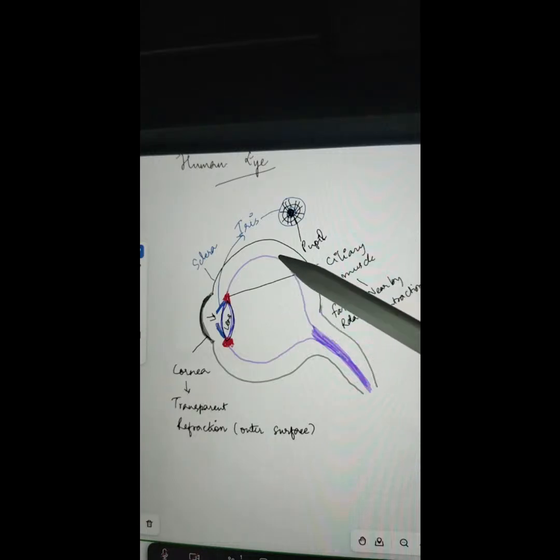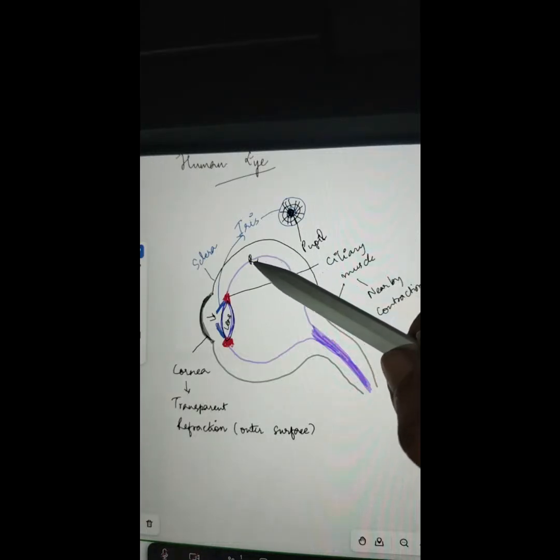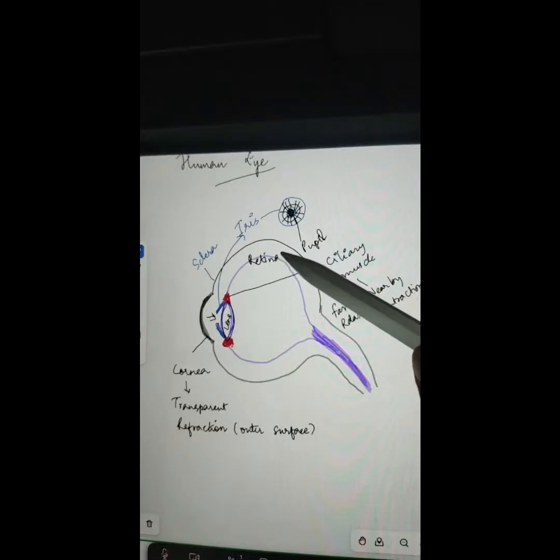This part of the eye where this purple line has been marked, I have written on it as retina. Retina is the photoreceptor region of the eye, and this is the region which is generating the impulse. This you might have read in the chapter Control and Coordination. What is an impulse?